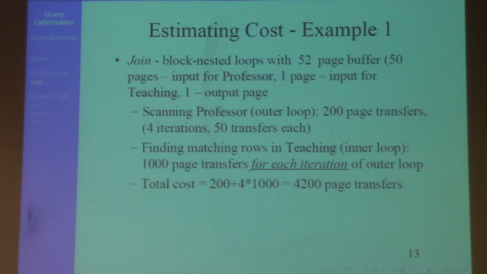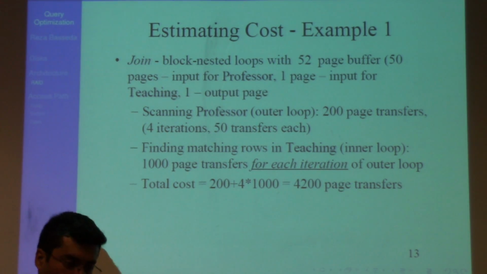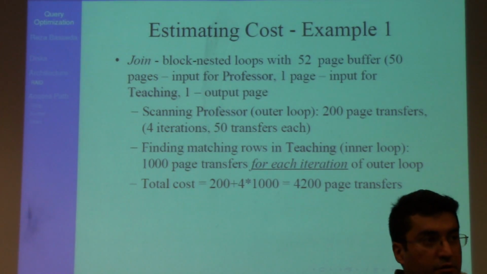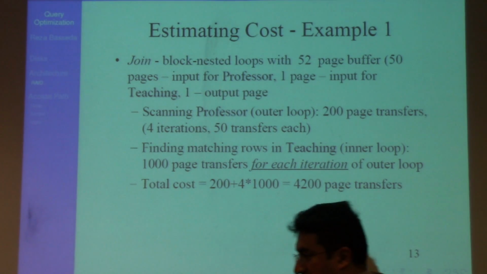Which table is smaller? Professor. So which one should be the outer loop? The smaller one, because the cost is 200 plus beta R plus beta R multiplied by beta S, and if beta R is the smallest one, the cost will be minimized.